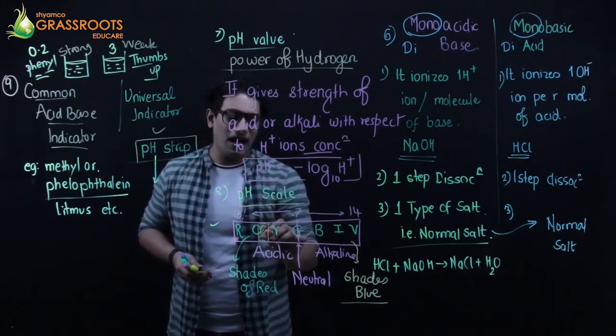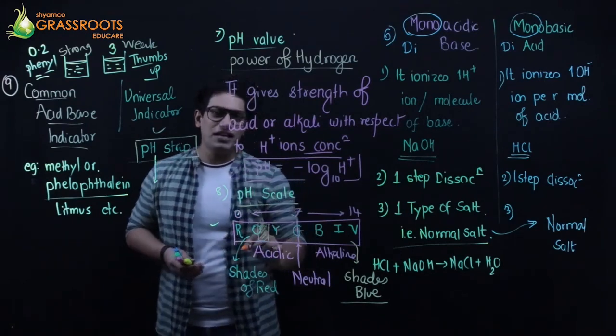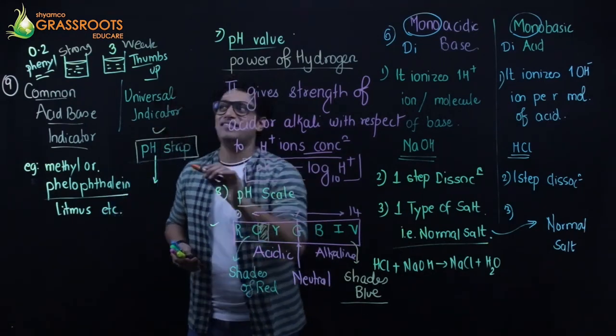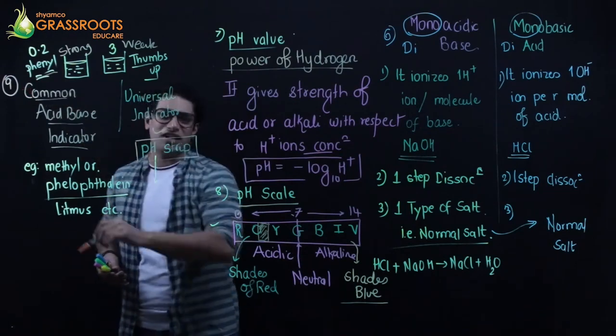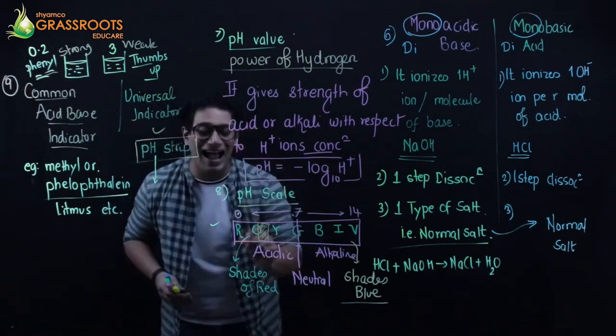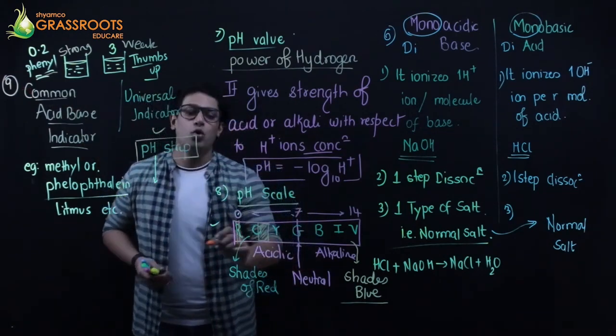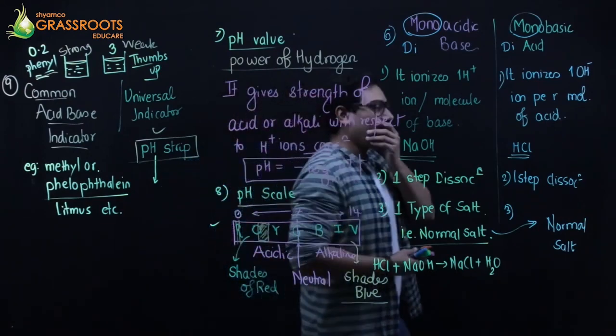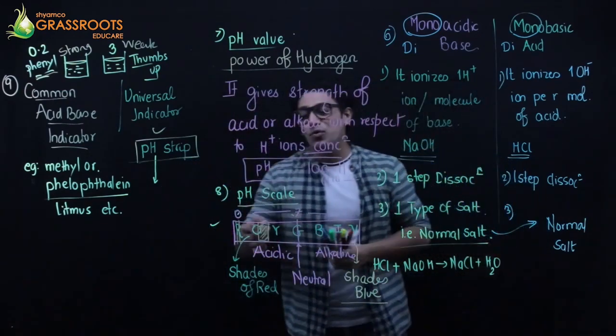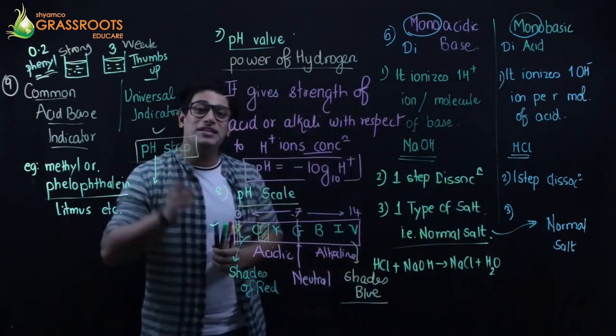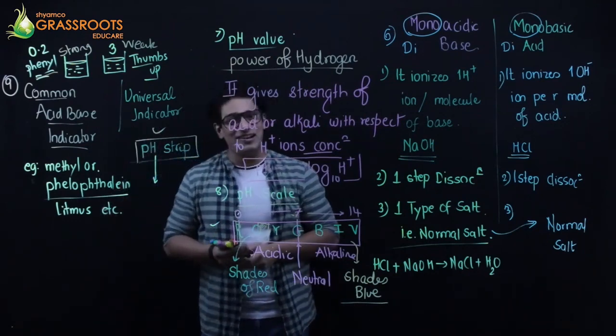And when he puts the pH paper in the phenyl solution, the color will be red. So red color means it's more acidic. Orange color means it's less acidic. But yeah, both are acids.